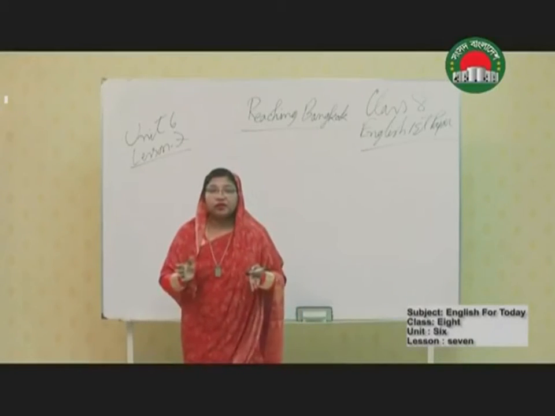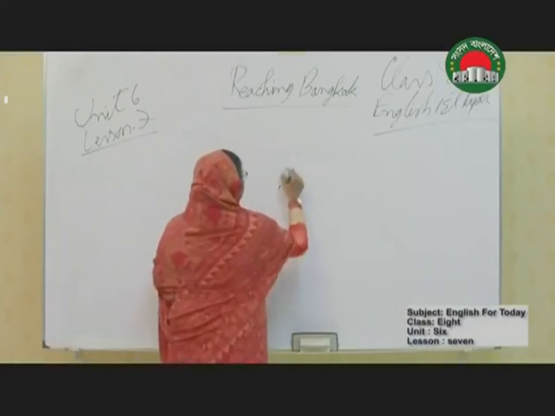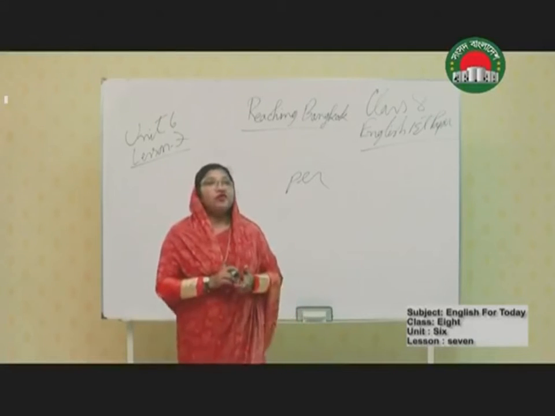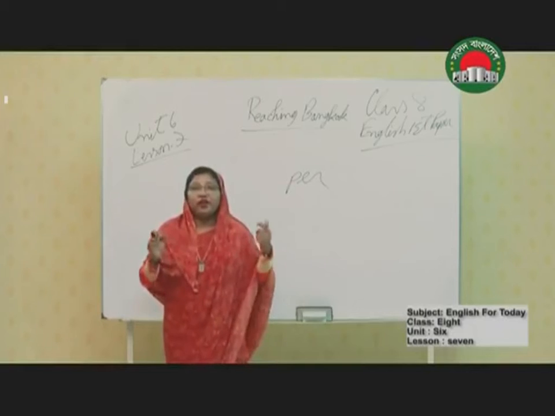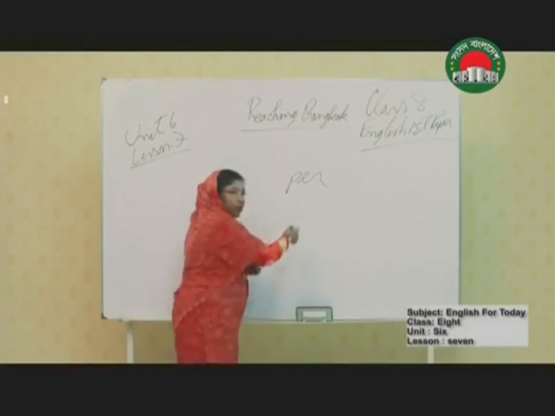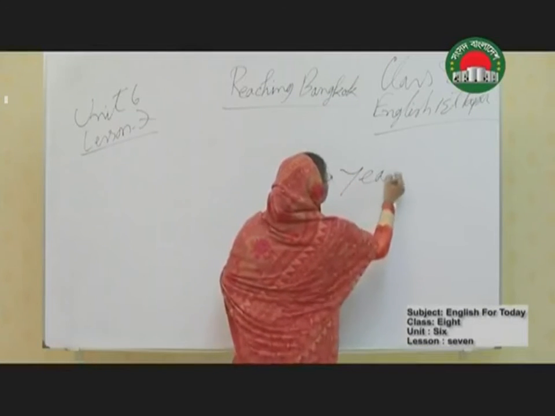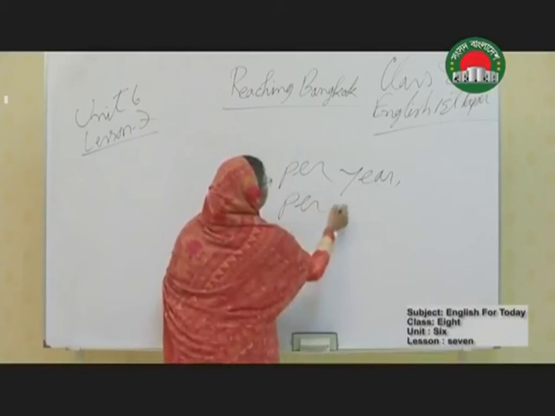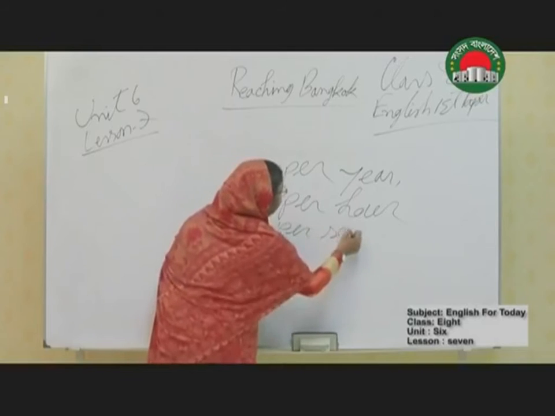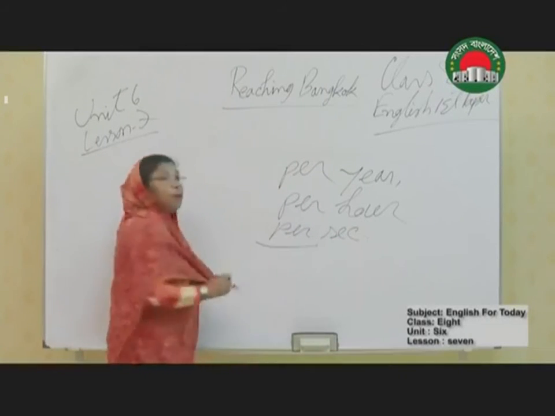Dear students, I know you know a word, per. We always say 50 meters per second, 50 kilos per minute, per hour, per year, per day, per second, etc. So, what is per?